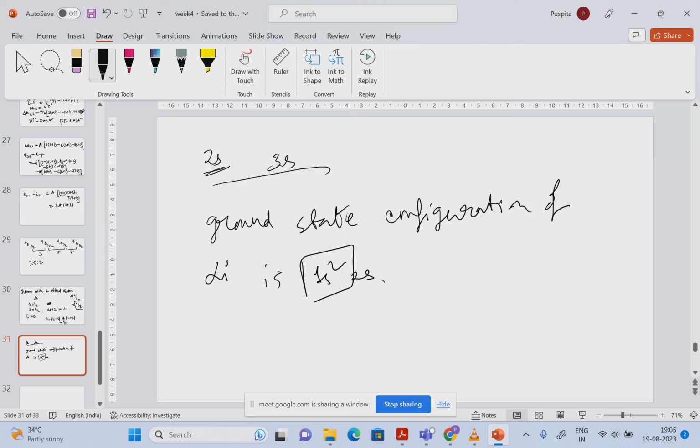So it is a closed subshell. Only the 2s term will provide optical transition and all. So the spectroscopic term for this will be 2S half.